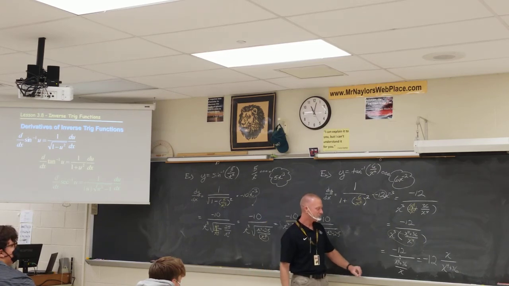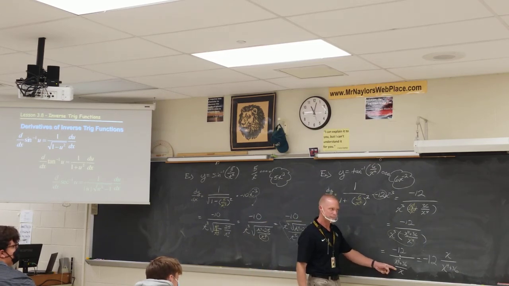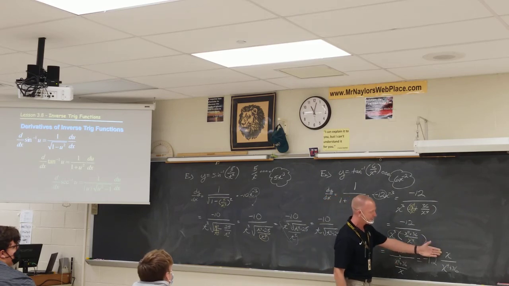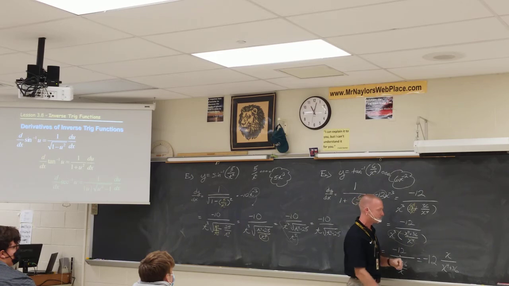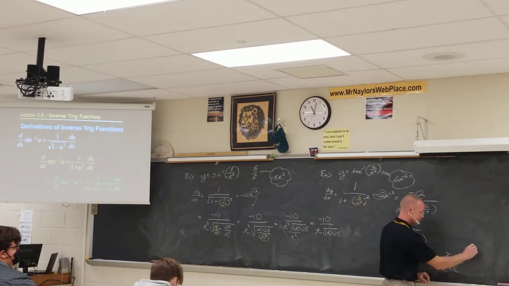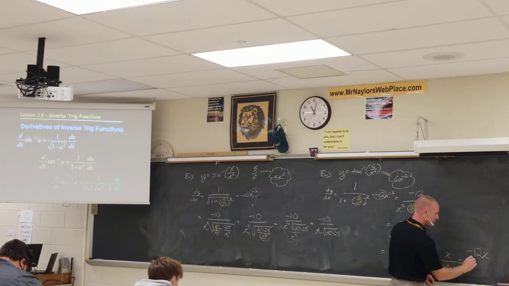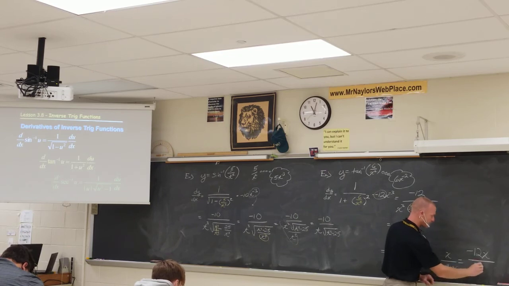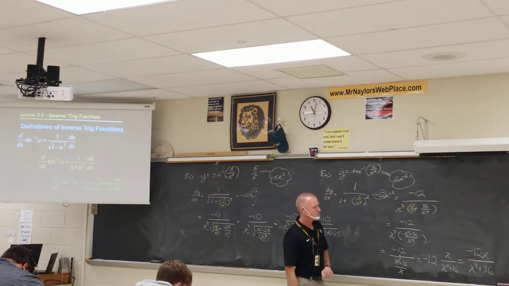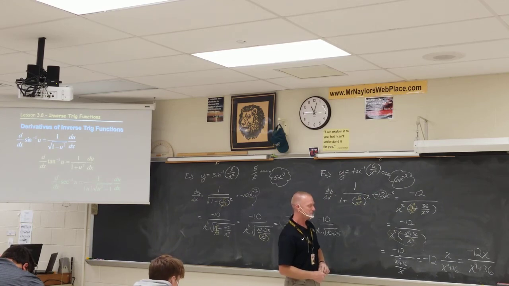So basically, the x that was way down here is now up here. And honestly, that negative 12, it would be nice if that was written with it. So we get negative 12x all over x to the 4th plus 36. We basically multiplied by the reciprocal.